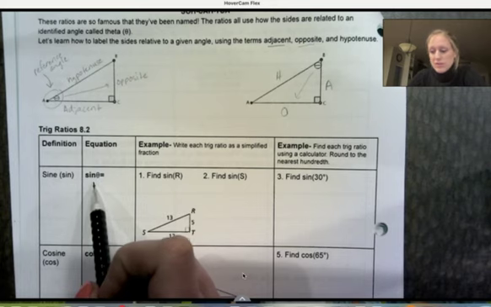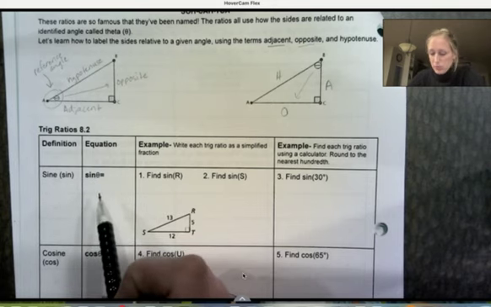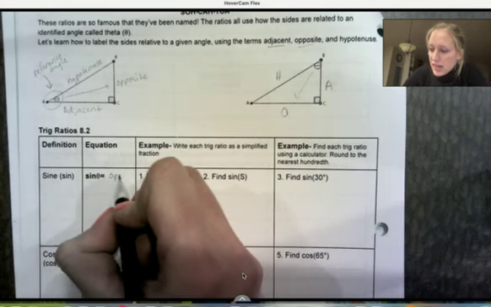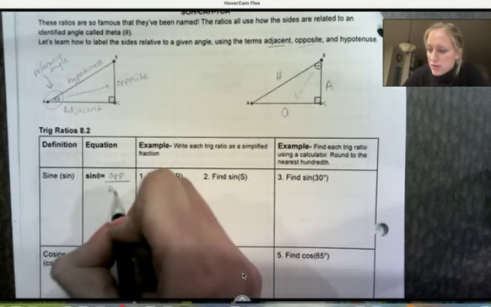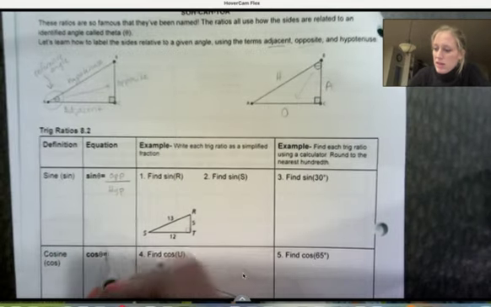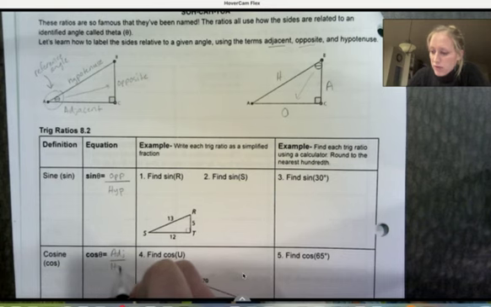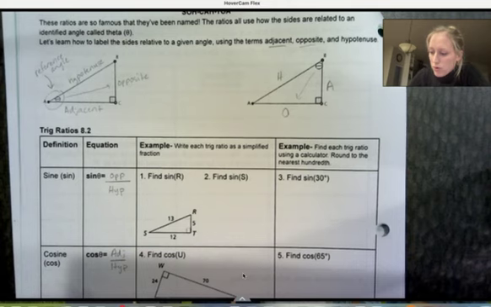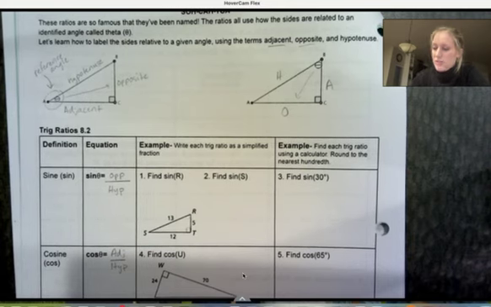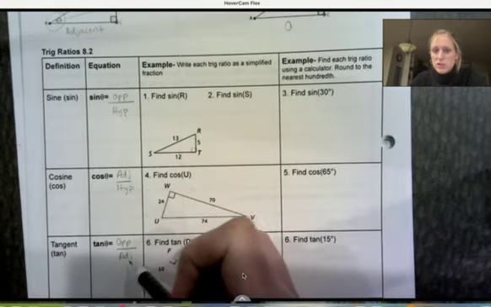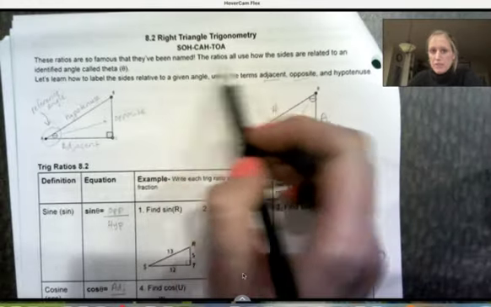If you did the discovery activity, you have already explored what these are, but remember, sine is always going to be the opposite side divided by the hypotenuse. The cosine is the adjacent side divided by the hypotenuse. And tangent is the opposite side over the adjacent side. Something to help us remember those three ratios is this acronym, SOH-CAH-TOA.